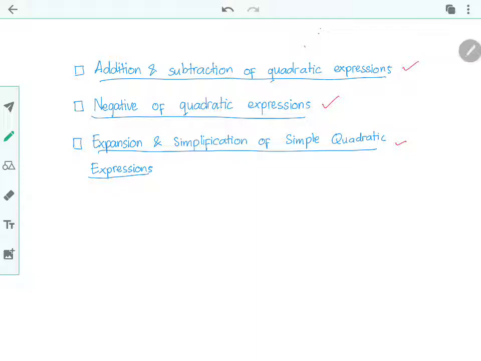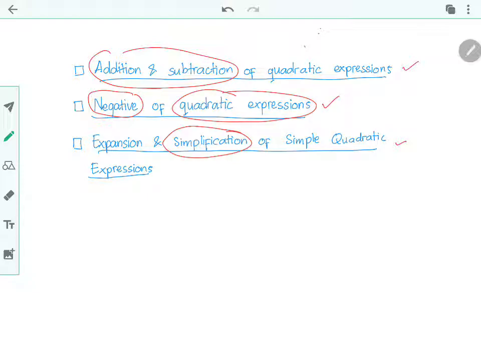Because we can never simplify a quadratic expression without doing the addition and subtraction of quadratic expression and also doing the negative, or the inverse, of the quadratic expression. So this addition and subtraction and also the negative of quadratic expression is actually the basic of the simplification of simple quadratic expression. Okay, so let's start.